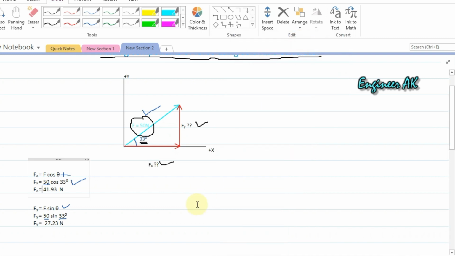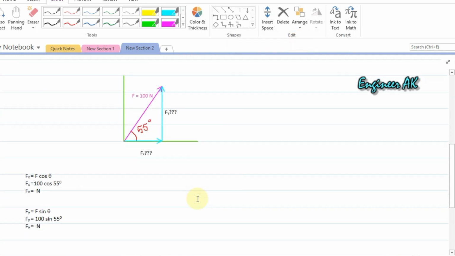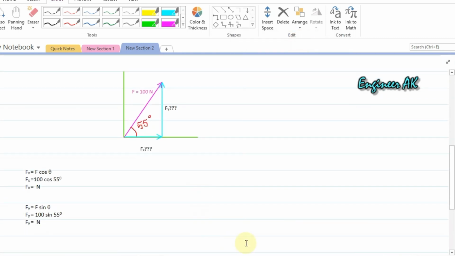Let's see another example in order to check whether this technique works or not. Here I have taken another force that has a magnitude of 100, and it is making 55 degree with the positive x-axis, and this is the positive y-axis.